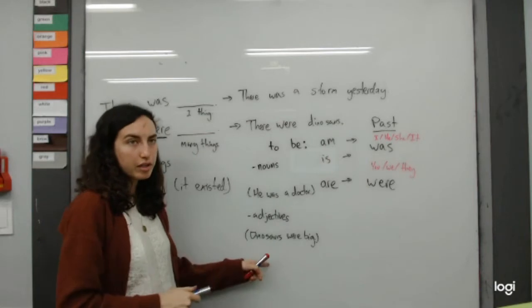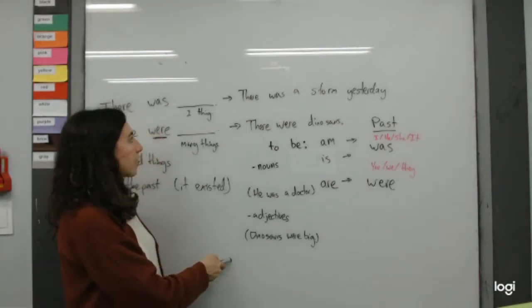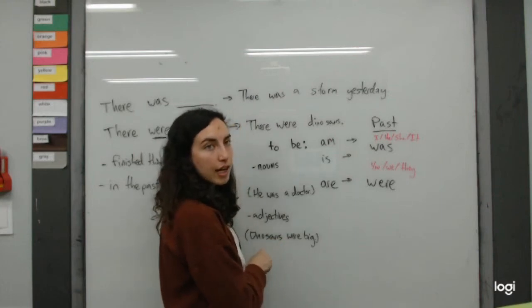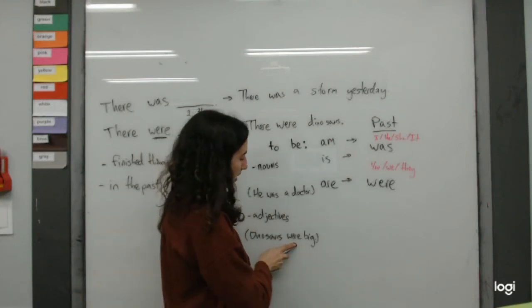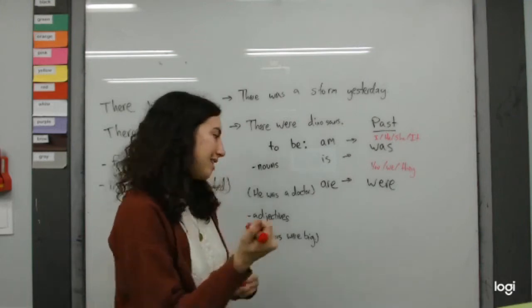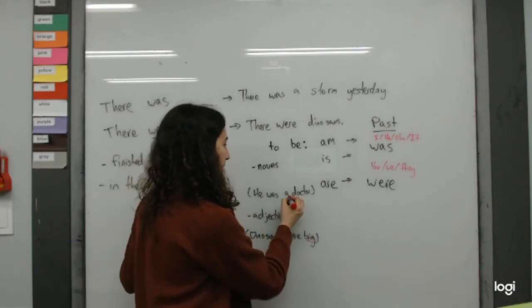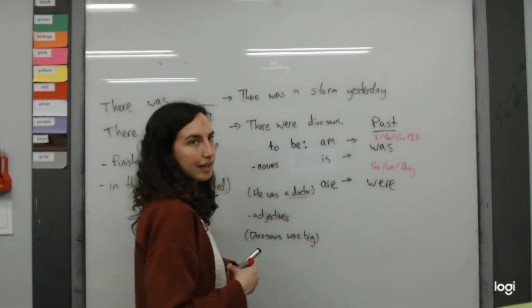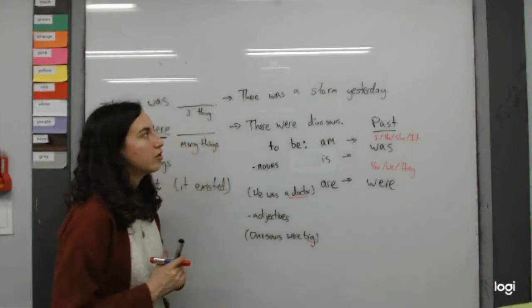So dinosaurs, again, lived in the past. Now all dinosaurs are dead. So we use past tense were to talk about dinosaurs' size. Dinosaurs were big. He was a doctor. Now he is not a doctor. So we use was to talk about it.